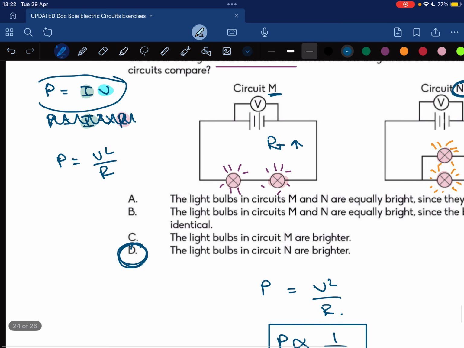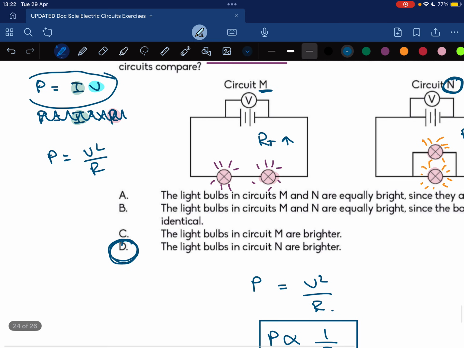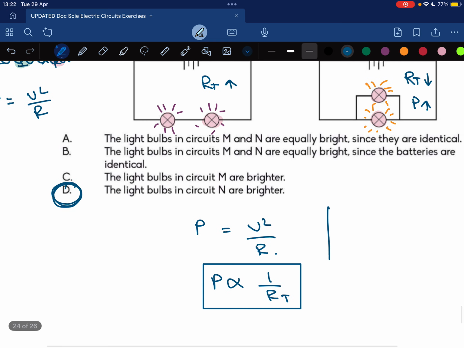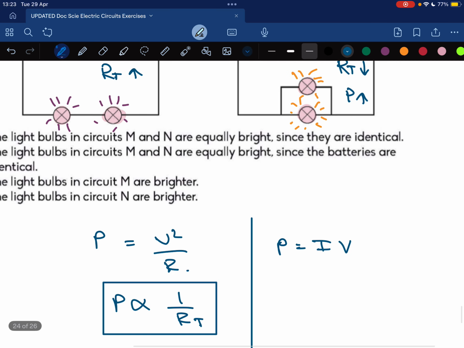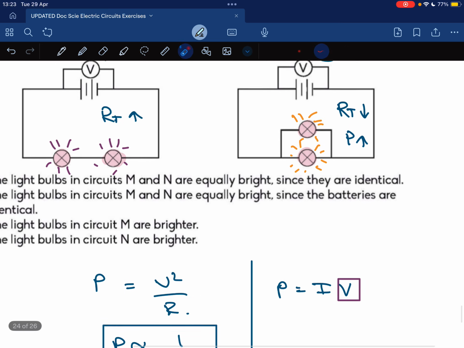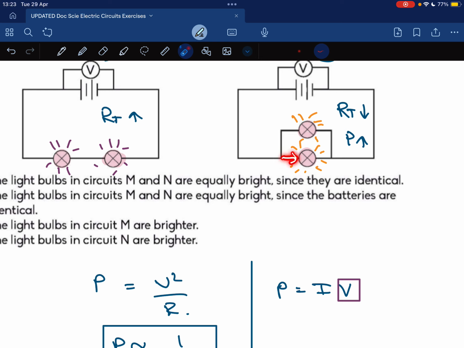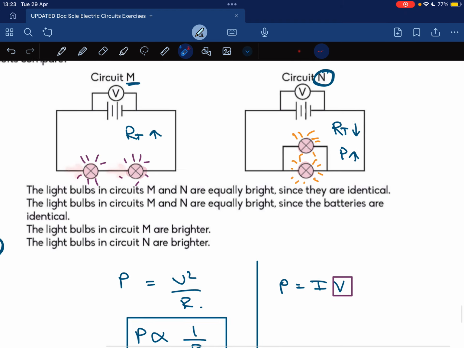Okay, the reason why we don't use P is equal to IV is because if we actually think about it, the voltage is the same, but the current through each light bulb is the same in each question, in the sense that the current that flows through here is equal to the current that flows through there, and the current that flows through there is equal to the current that flows through there.